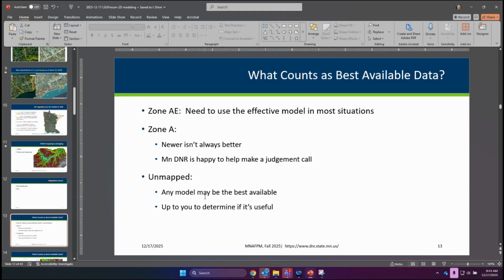Sometimes there's just no model available at all. So any model is best available because it may be the only model available. Again, we'll be happy to help determine if it's useful, but if it's the only model available, it's kind of up to the local folks to determine if it's a useful model for that area, if maybe the developer or consultant might need to be considering something else, or a brand new model.